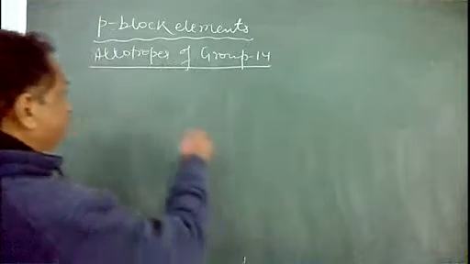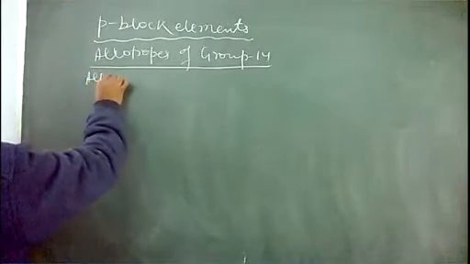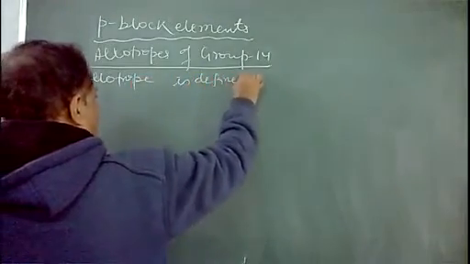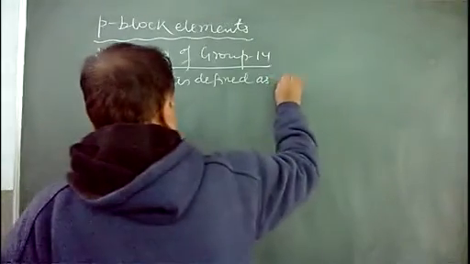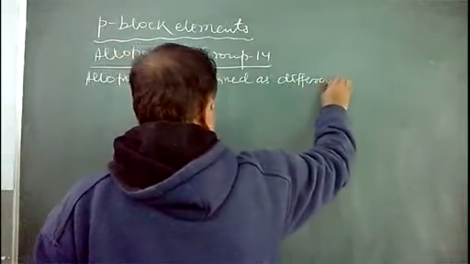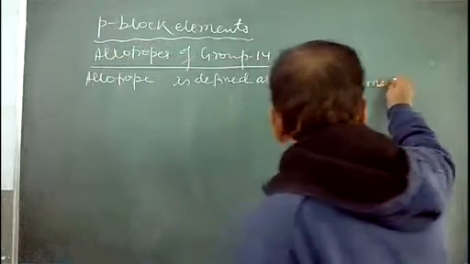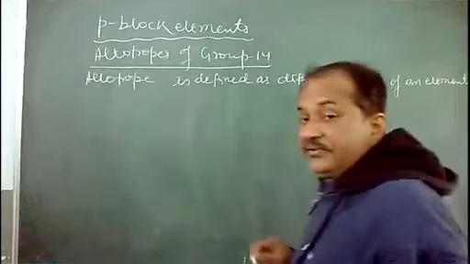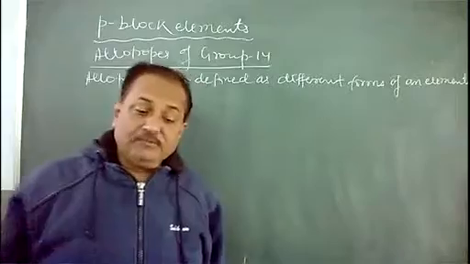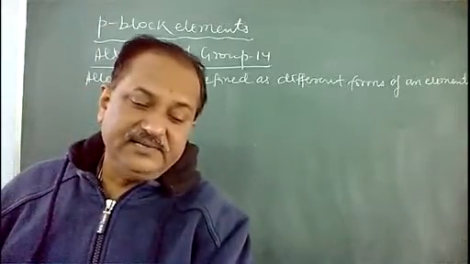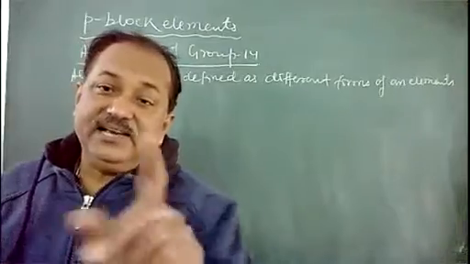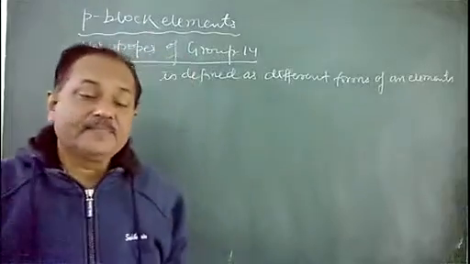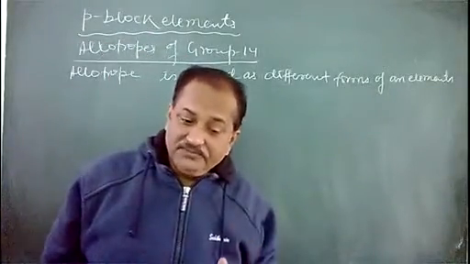So allotrope is defined as different forms of an element.